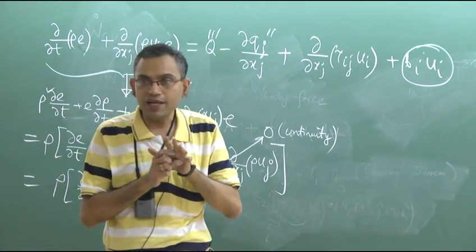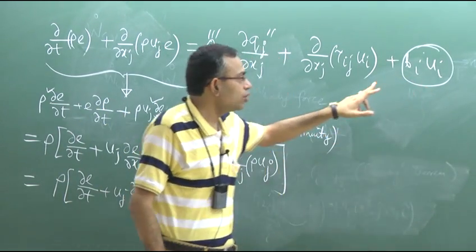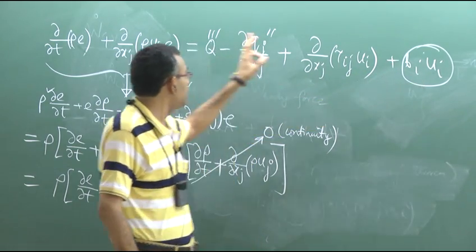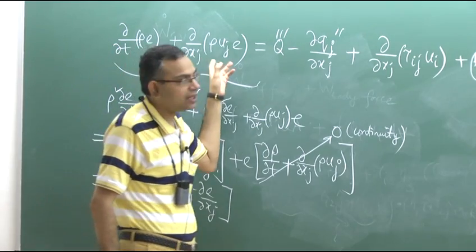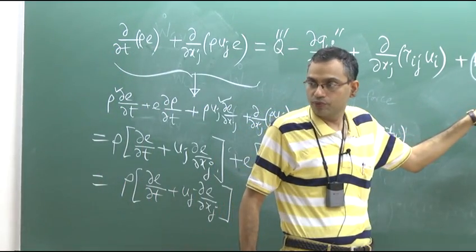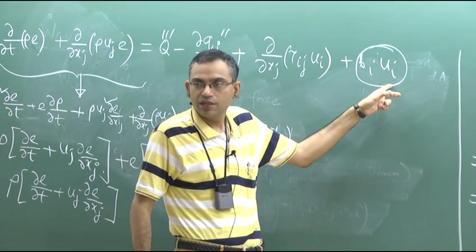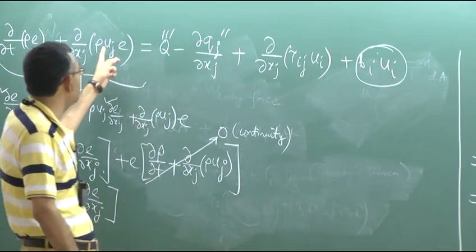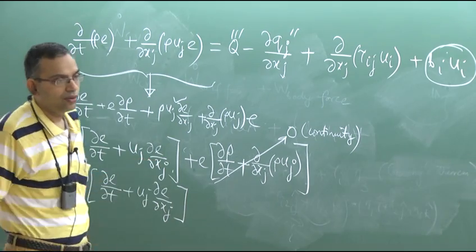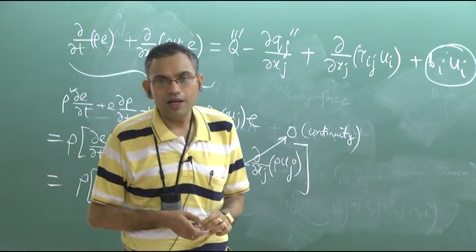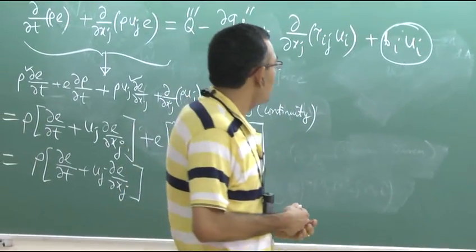So either you do not write the work done by body force, but put the corresponding potential energy here, or you do not put the potential energy here, but you put the work done by body force. So here we have preferred to write the work done by body force, therefore we will not include the potential energy here.